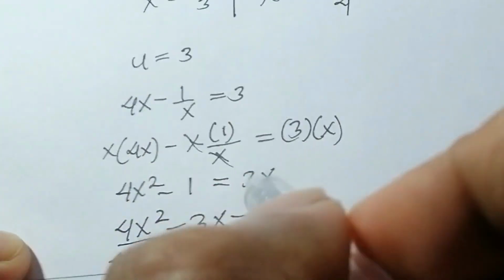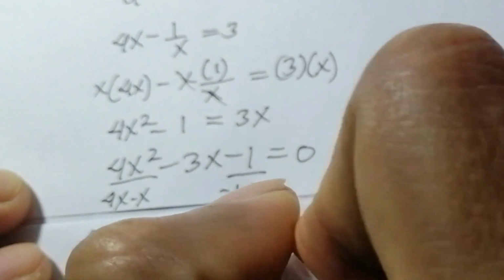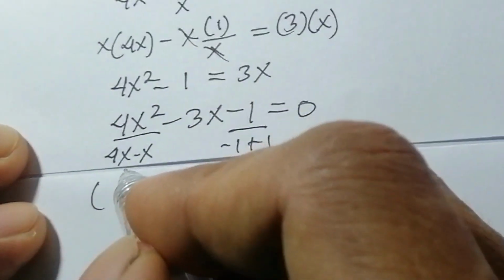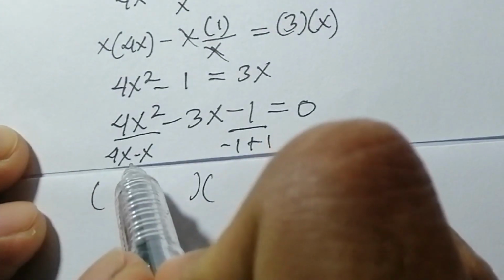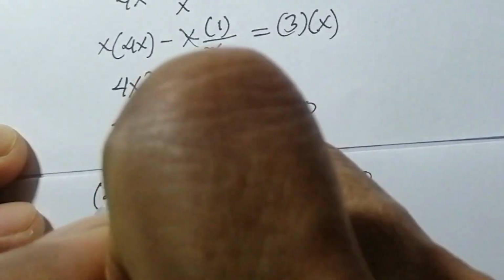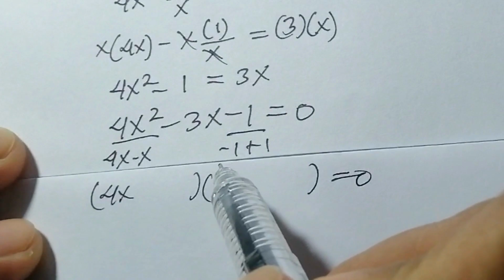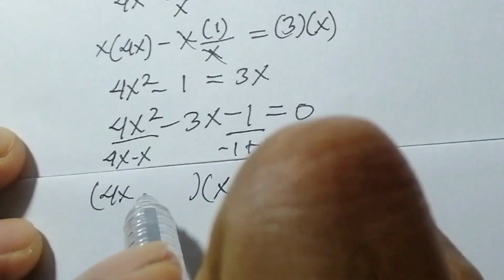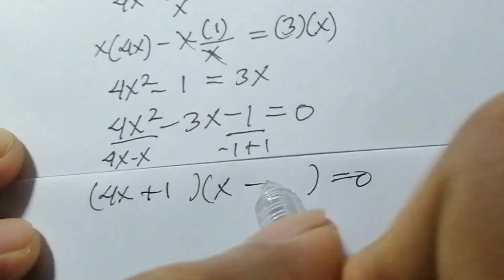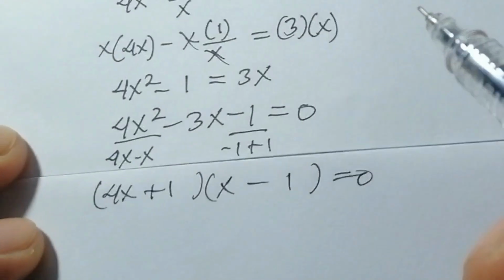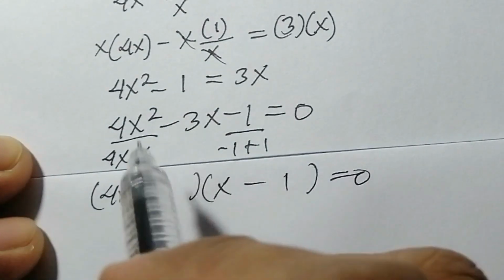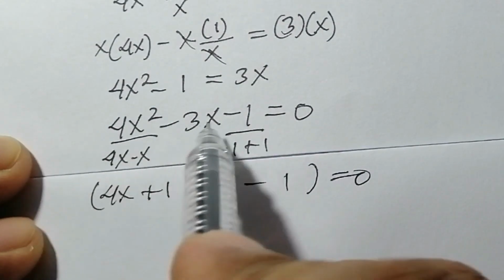And let's take the negative 1 and positive 1. So we distribute 4x and x, then first is the plus 1, next is the minus 1. If we multiply this, it will return to this expression.